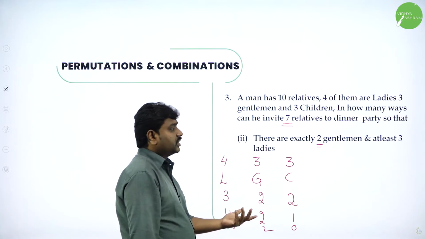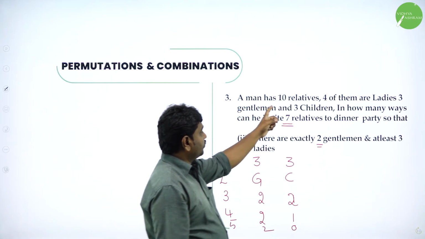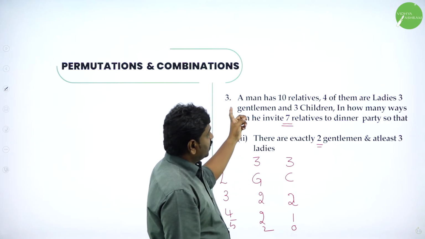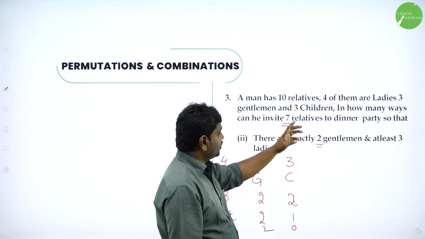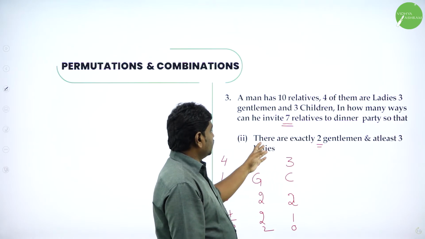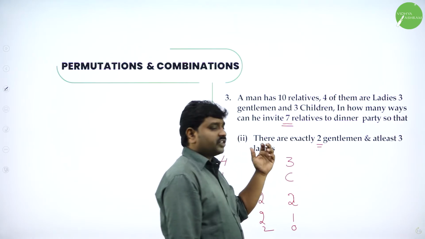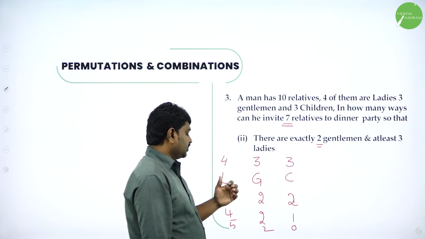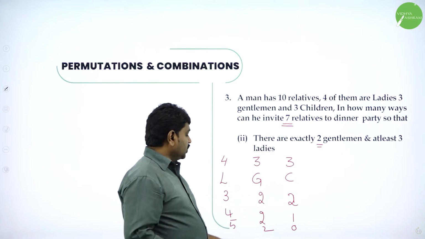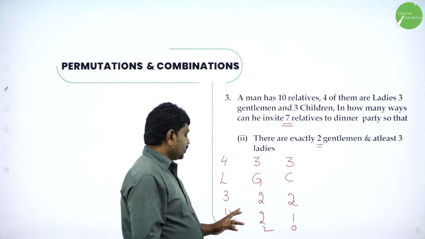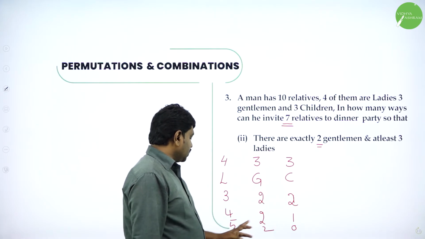So a man has 10 relatives: 4 ladies, 3 gentlemen, 3 children. How many ways can he invite 7 relatives so that 2 gentlemen and at least 3 ladies, 3 or more, are included? Gentlemen has to be 2, and these are the possibilities: 3, 2, 2, total is 7; 4, 2, 1; or 5, 2, 0.